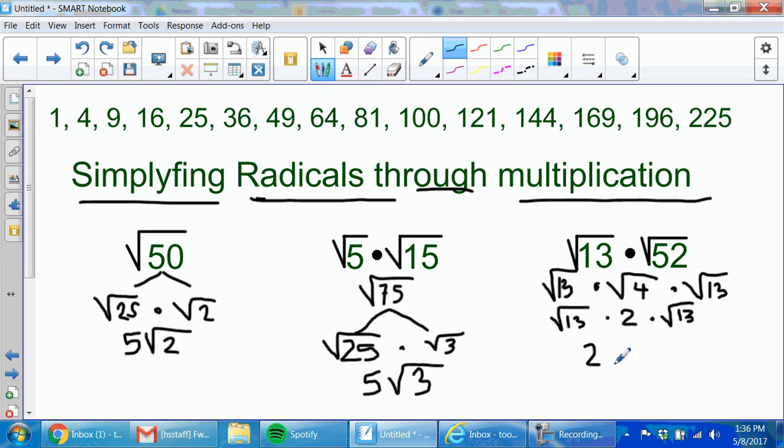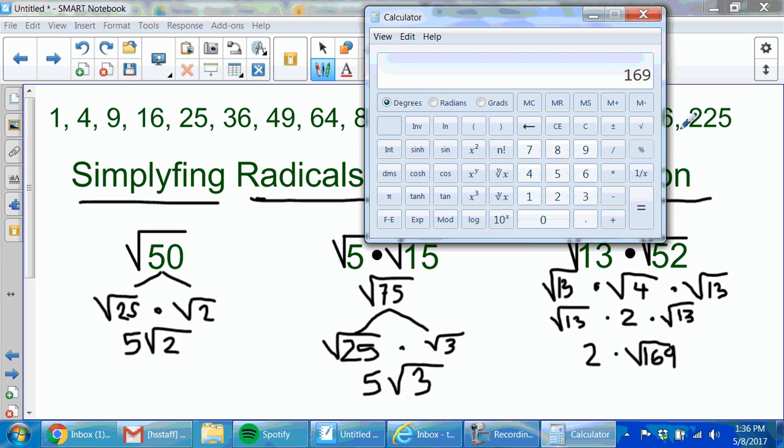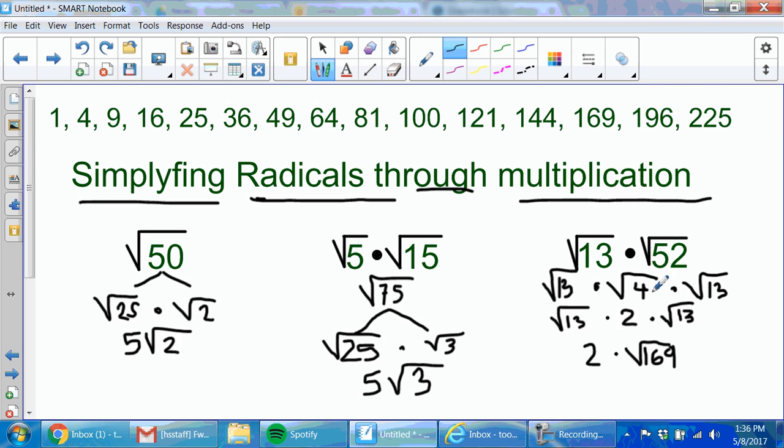So I still have my 2 out front times the square root of 169. The square root of 169 is 13. So now I can just write 2 times 13. And my final answer would just be whatever 2 times 13 is, which is 26.